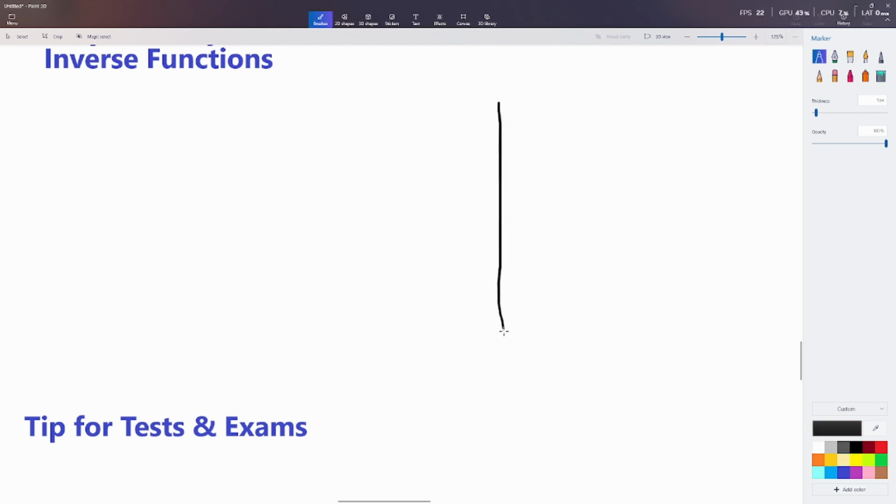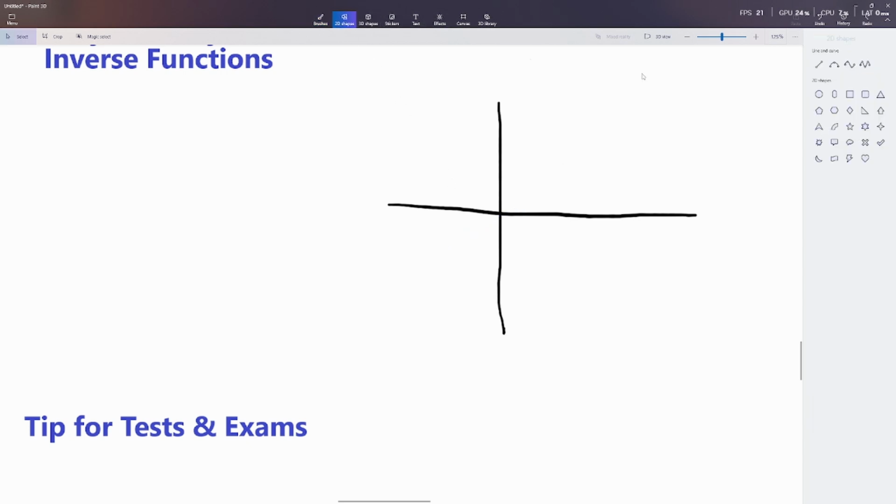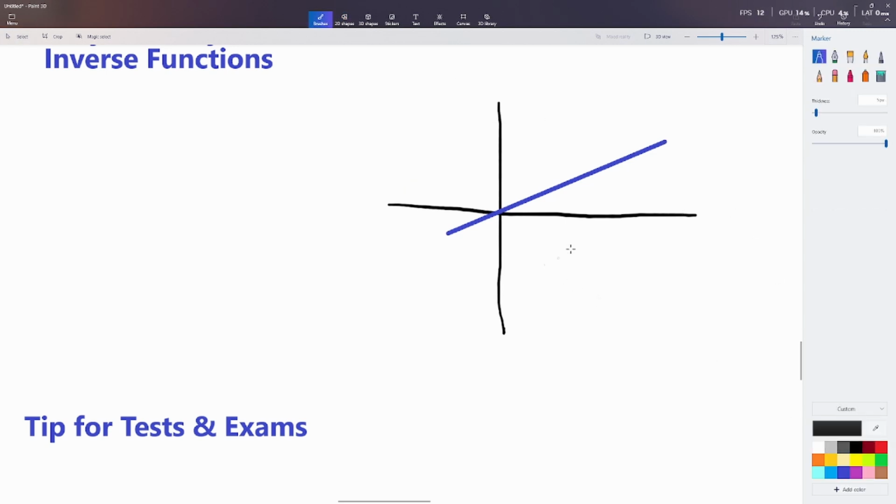When you have, let's draw a function, and you draw your function and it looks something like this, and you can see that it has, let's take a random point over here where x is 7 and the y value is 5.